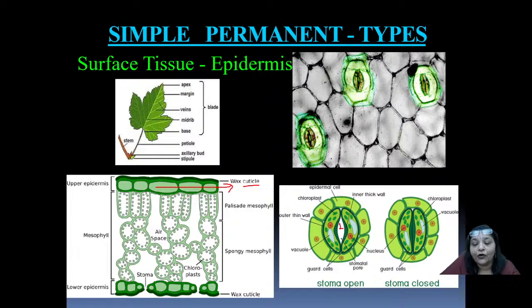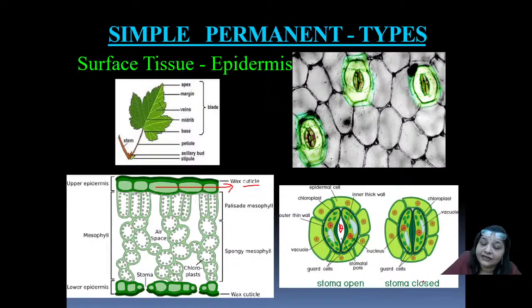This is the opening that is guarded by these two kidney-shaped guard cells. Okay, so the guard cells help in opening and closing of the small pore, the stomata. So stomata open due to the movement of the guard cells, and they close.